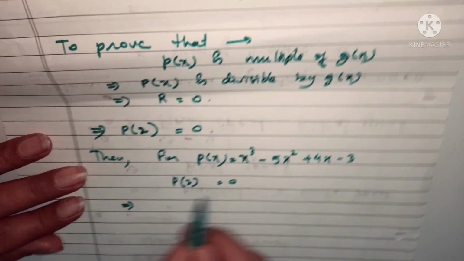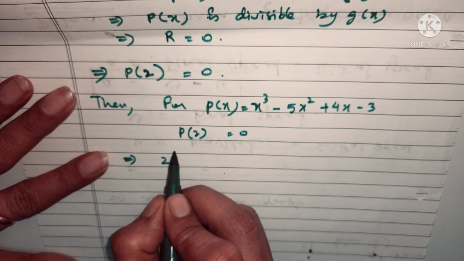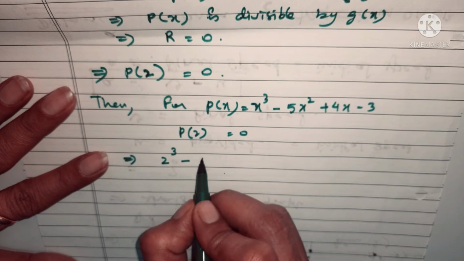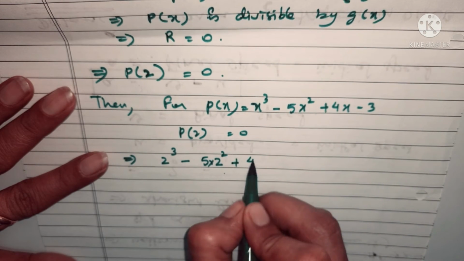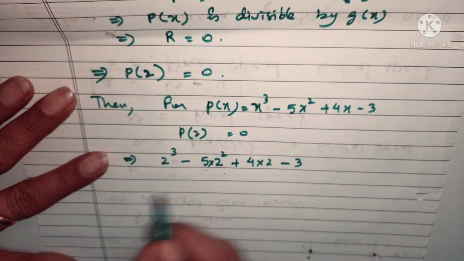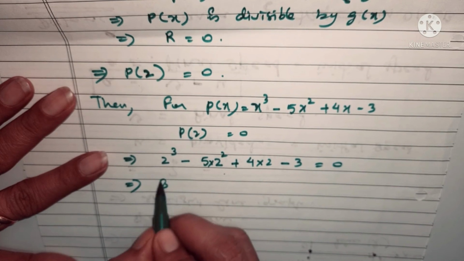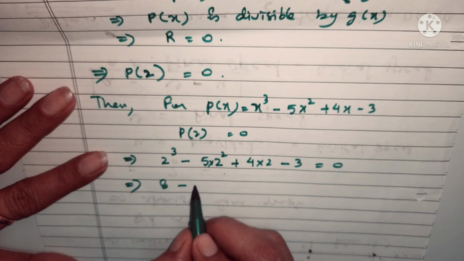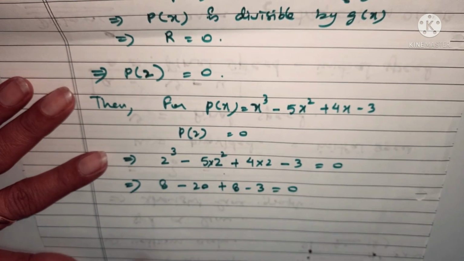So let's try to do it. So it is giving you what? 2 cube minus 5 into 2 square plus 4 into 2 minus 3. So it is equal to 0. Further, this is giving you 8. This will be 5 4s are 20 plus 8 minus 3 equal to 0.